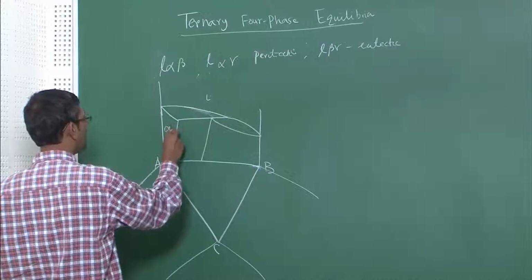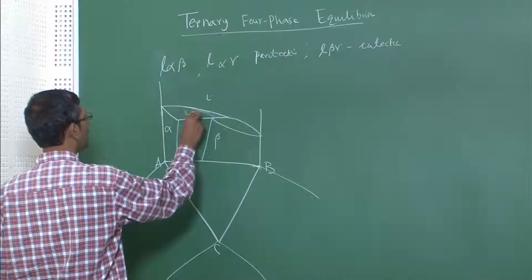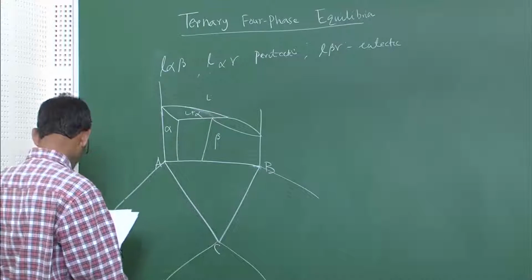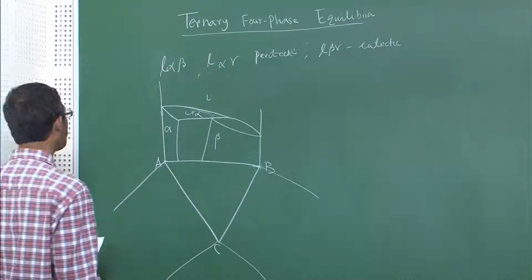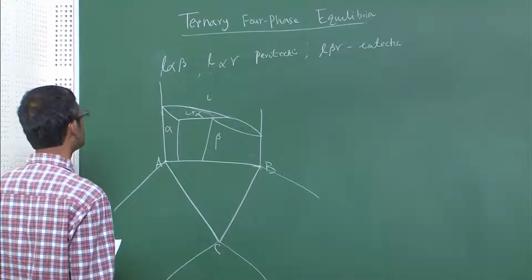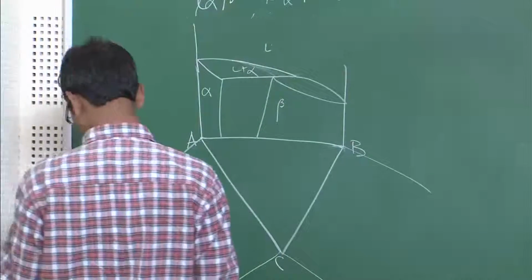Liquid plus alpha goes to beta, that is the peritectic reaction. Between A and C also there is a peritectic reaction, that is liquid plus alpha goes to gamma.